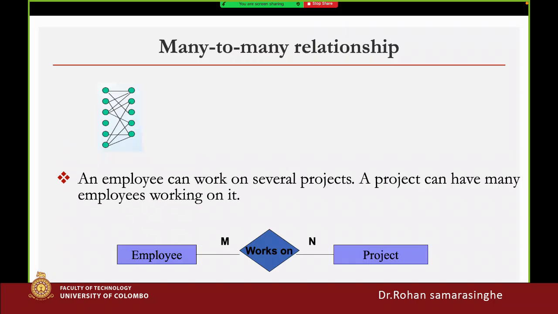Many-to-many relationships. Once again, the many-to-many relationship: actually, employees can work on several projects. A project can have many employees working on it. When you get the projects, many employees work on many projects, attached to many projects.